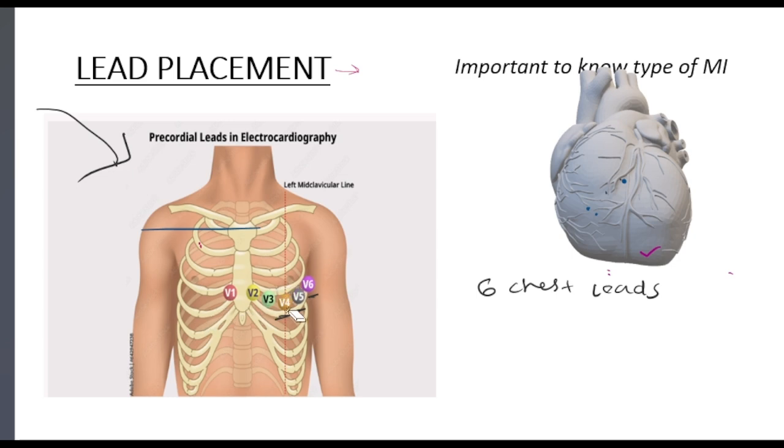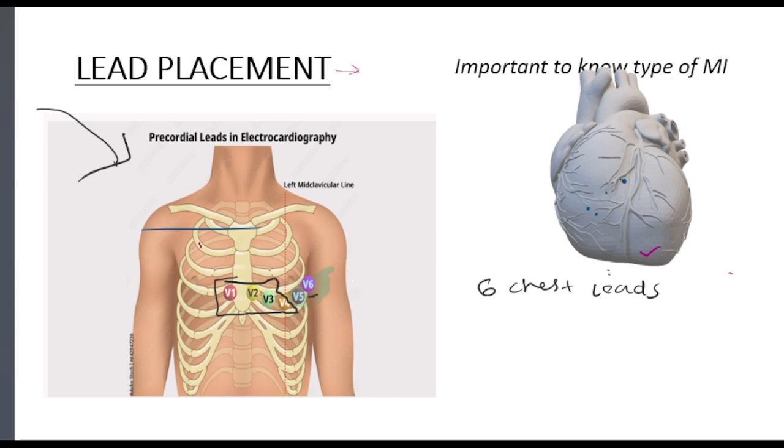As you can see here, we have chest leads V1 to V6. Among these, V1 to V4 are clearly kept over the anterior part of the chest, compared to V5 and V6, which face the lateral side of the chest. Understood?